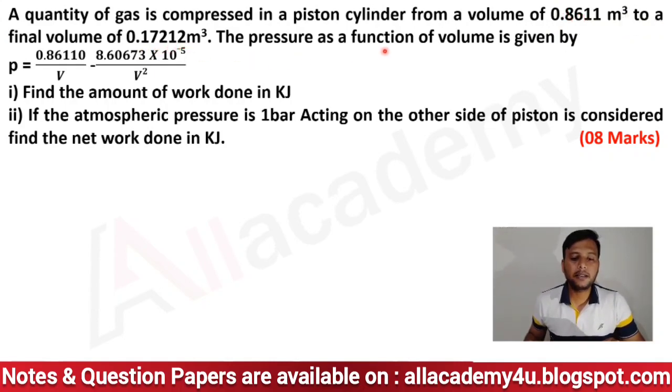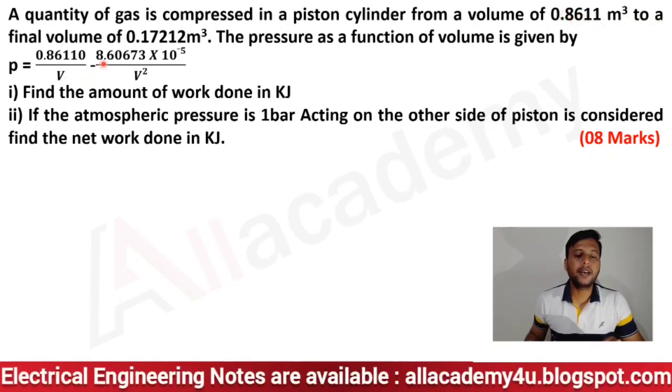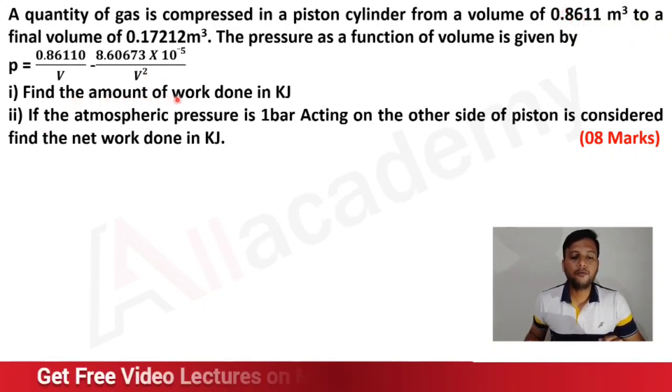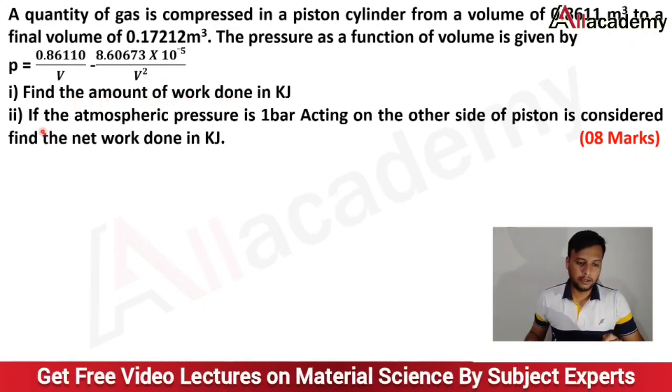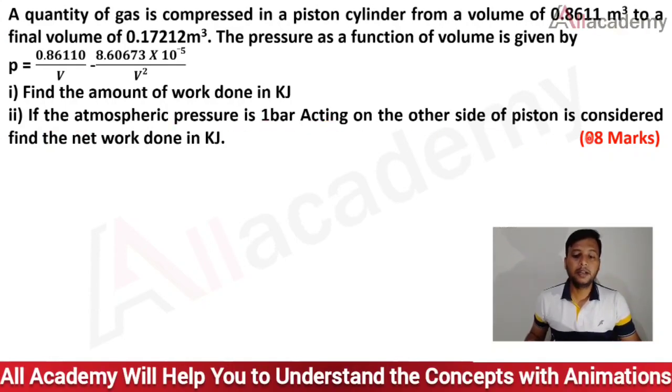The pressure as a function of volume is given by P equals 0.8611 divided by V minus 8.60673 into 10 raised to minus 5 V square. Find the amount of work done in kilojoules. The second condition: if the atmospheric pressure of 1 bar acting on the other side of the piston is considered, find the net work done in kilojoules.